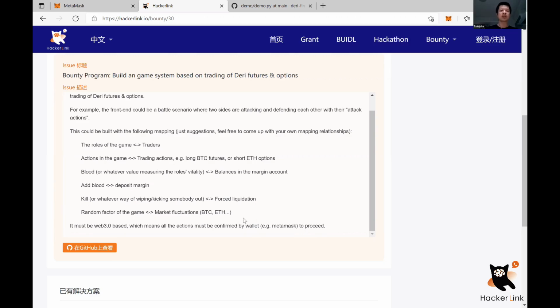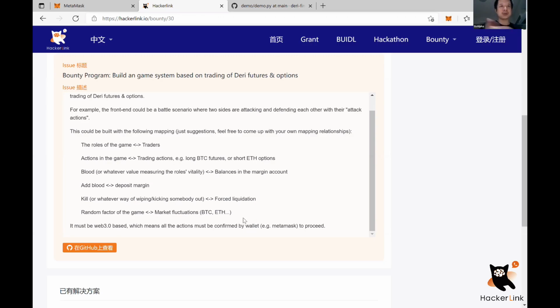They come to the Deri trading interface that I just showed you for financial purposes. But in the game, we want this to be interesting so that people come here. They could make money here, but the primary purpose is not to make money, but to have fun and enjoy the game.